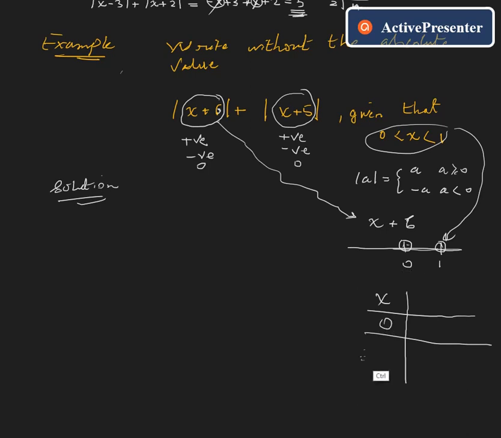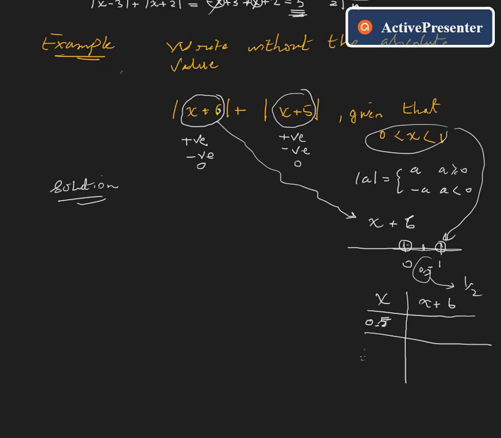Therefore, we will check with one number between them. Let's say 0.5. 0.5 is here. So we can check. 0.5 is 1 over 2. So what is x plus 6?